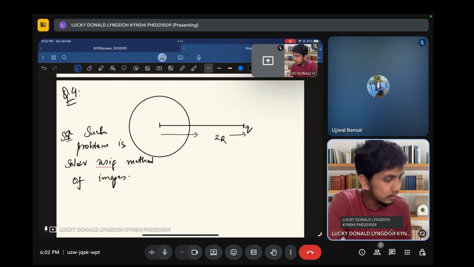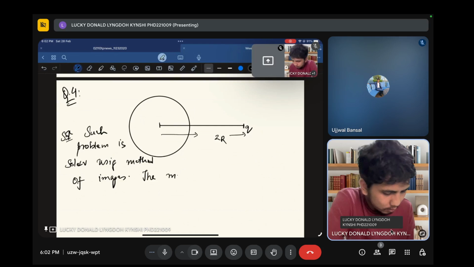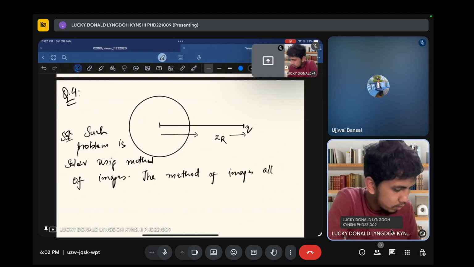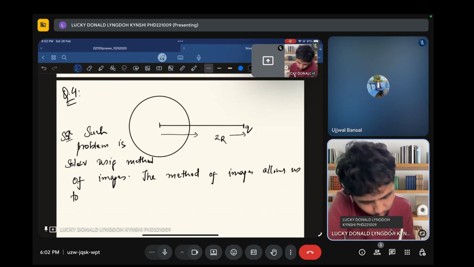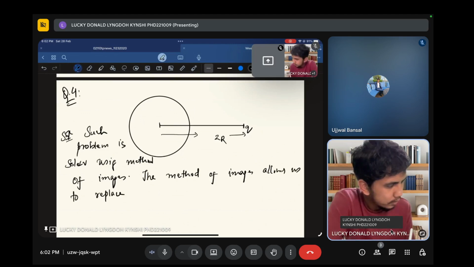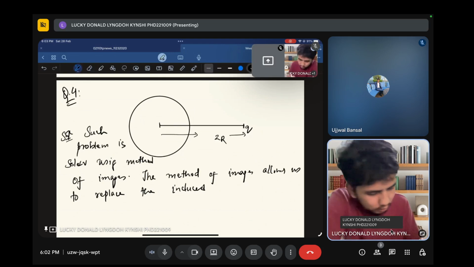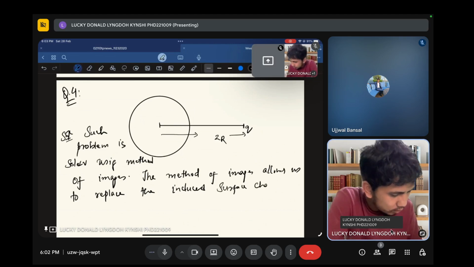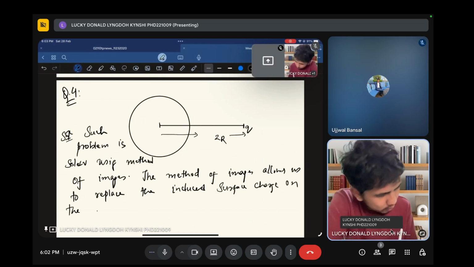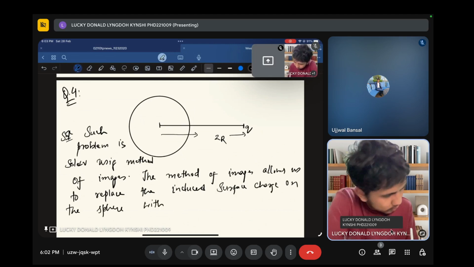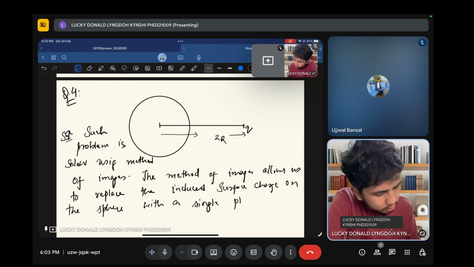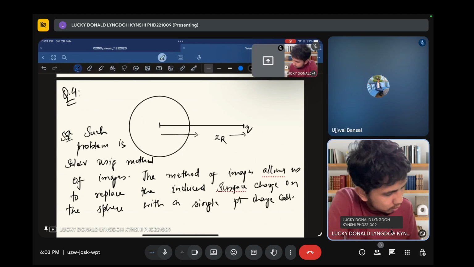This method of images allows us to replace the induced surface charges on this sphere with a single point charge called the image charge.